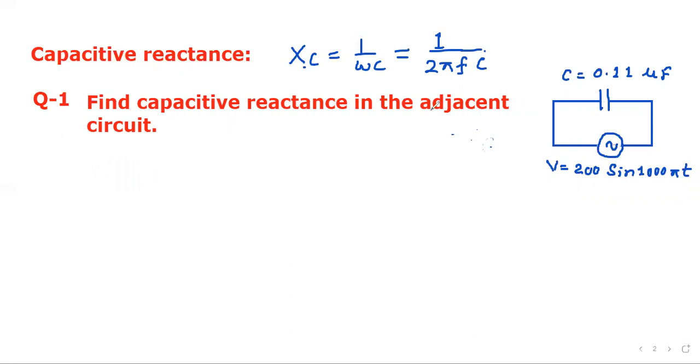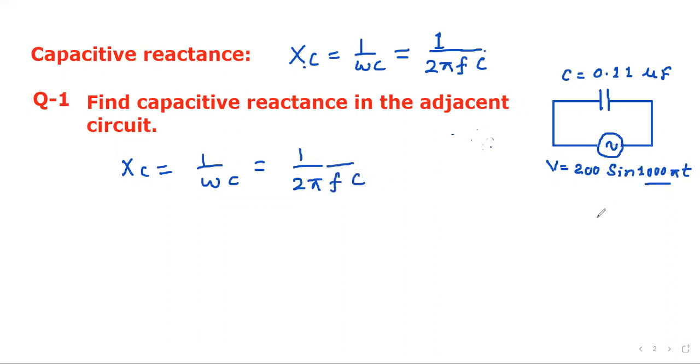Question number 1. Find capacitive reactance in the adjacent circuit. Here we are given C equal to 0.11 microfarad and V equal to 200 sine 1000 pi t. So we can evaluate it. The formula is Xc equal to 1 upon omega C, or 1 upon 2 pi fC.